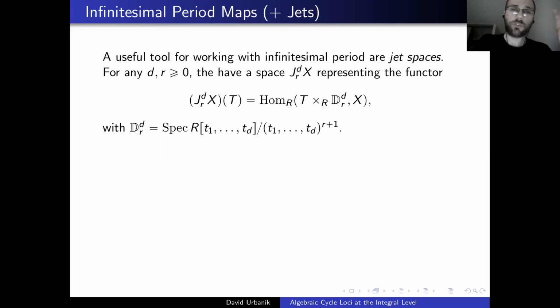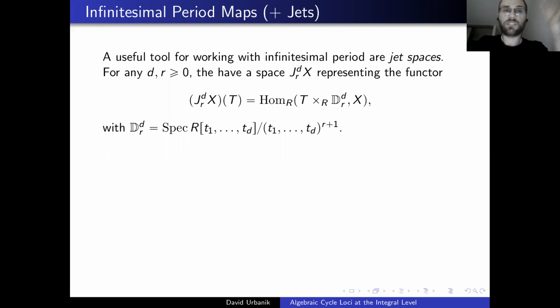In order to define these loci, we're going to introduce some jet-theoretic tools. One way of making sense of what it means to have an infinitesimal analytic locus in an algebraic geometric setting is to think of such a thing as a map from the formal d-dimensional disk of order R into the space.